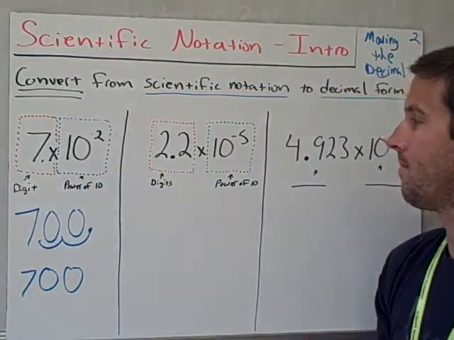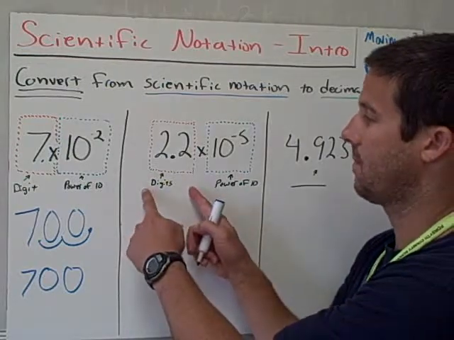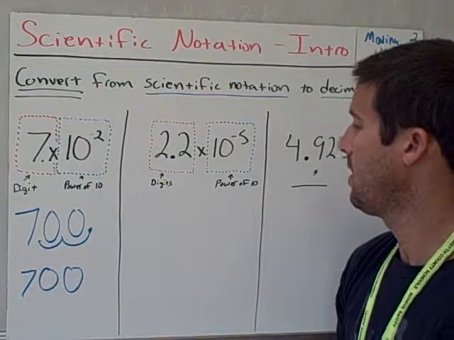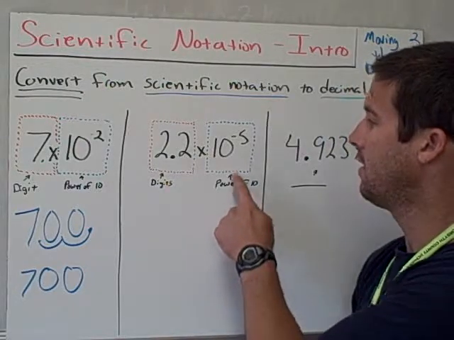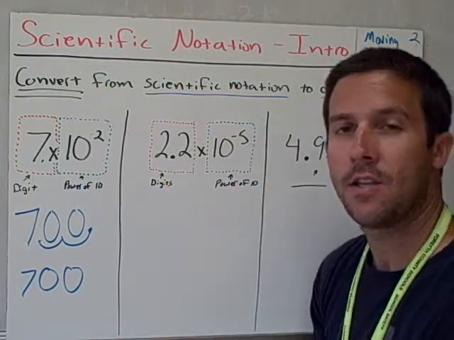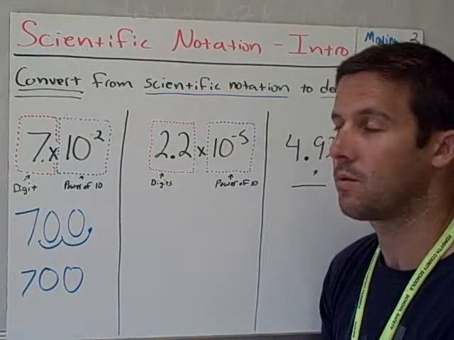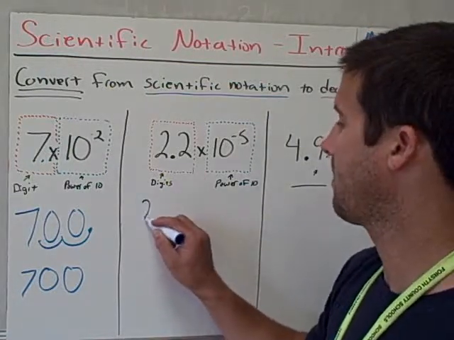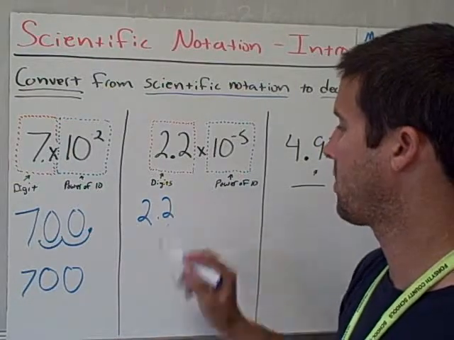Let's try this one. First, we have our digits. In this case, we have 2.2, and then we have our power of 10. Here we have 10 to the negative 5 is how we would say that. So let's try this out. We're going to write down 2.2, since that's our starting number.